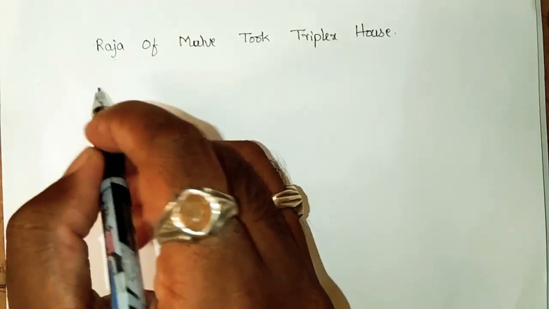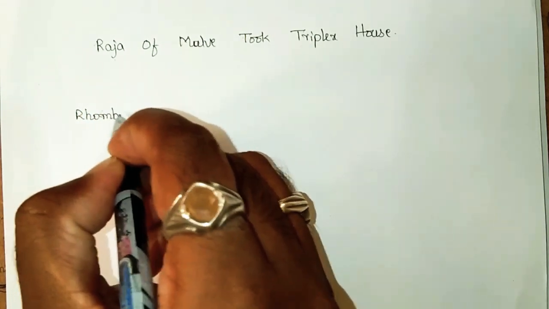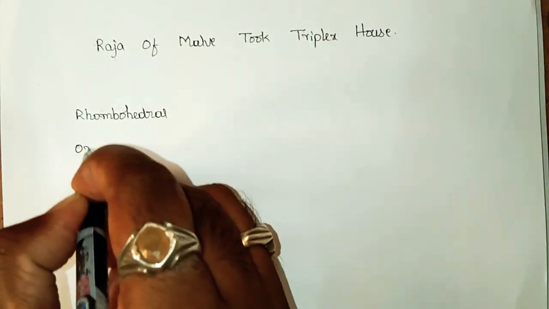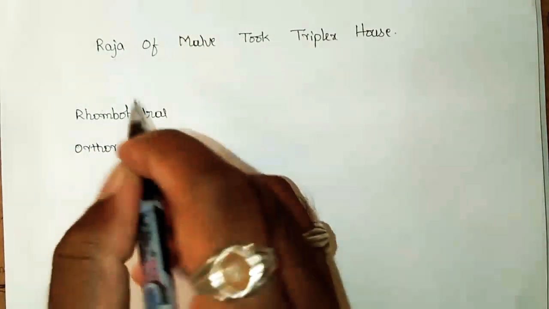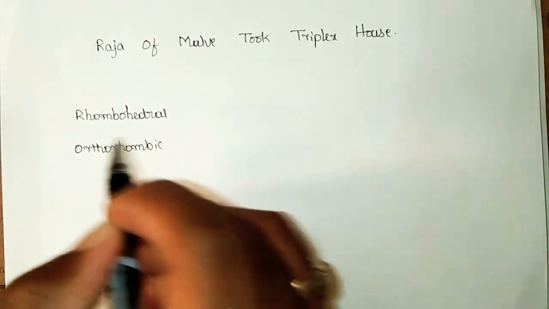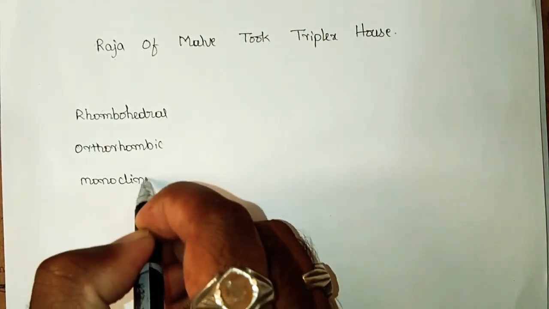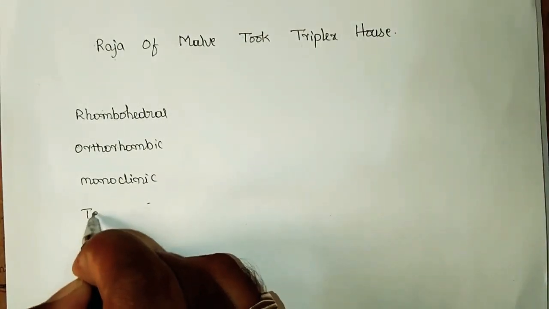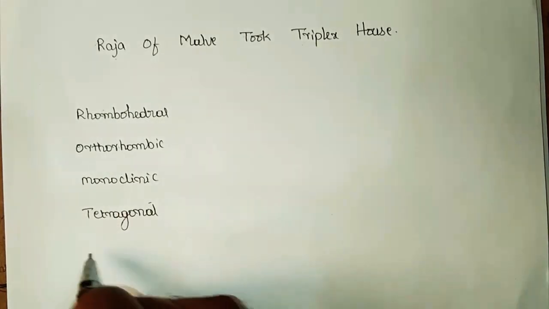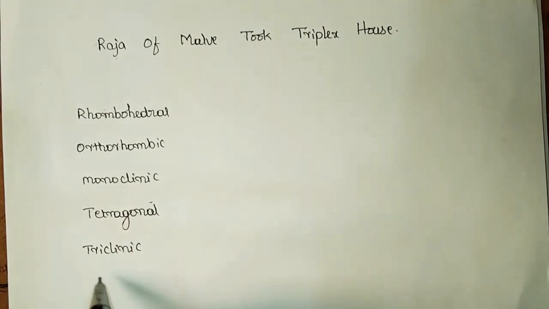That is rhombohedral, orthorhombic, monoclinic, tetragonal, triclinic, and hexagonal.